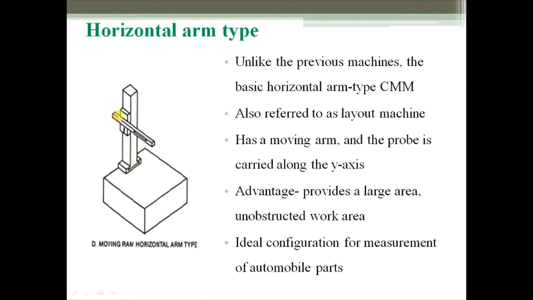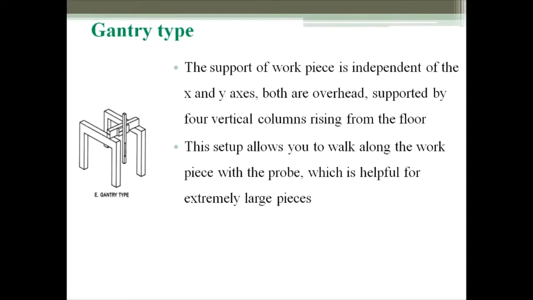It is suitable as an ideal configuration for measurement of automobile parts. This is the horizontal arm type CMM machine. Next is the gantry type. In the gantry type, you can see the support of the workpiece is independent of the x and y axes. Both are overhead. You can see the x and y axes are both overhead.